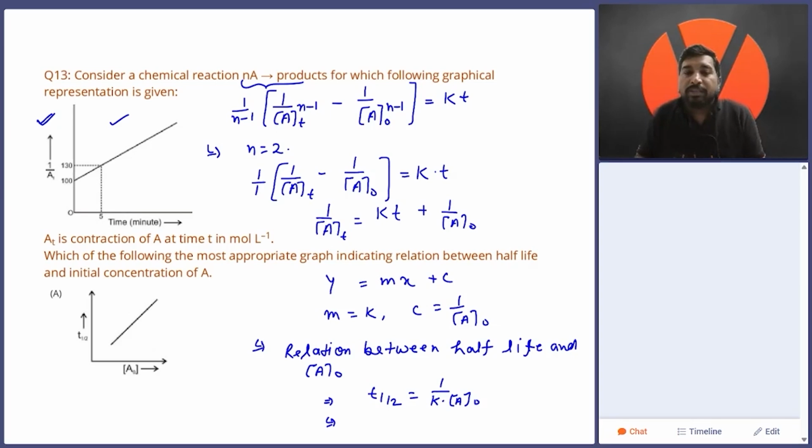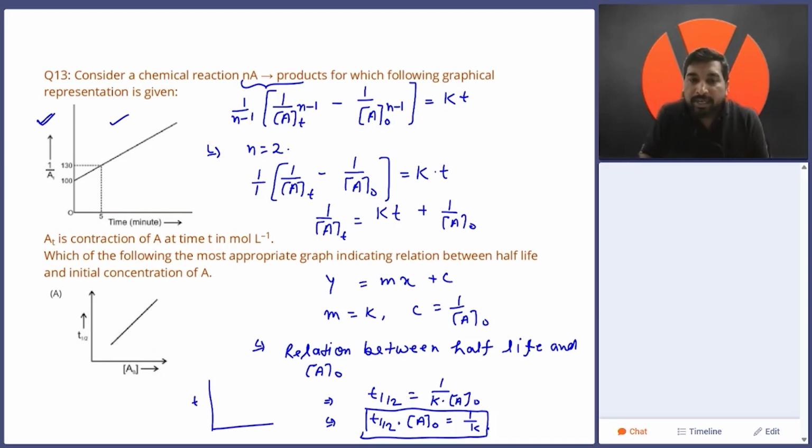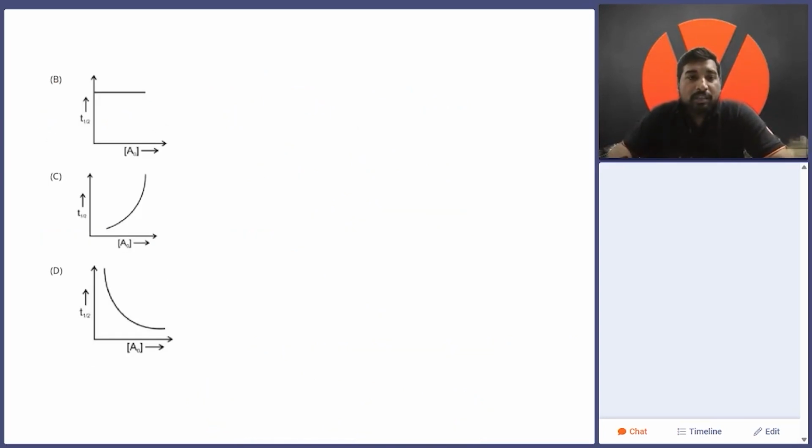Now clearly you can see T half into A naught is equal to 1 upon K. For this kind of expression, the graph should be like T half versus A naught. Graph should be like this. This is a hyperbolic graph, a rectangular hyperbola. So we can see option D should be the right option. Now we will cross check the answer. Definitely D is the right option. Is it clear to everyone?